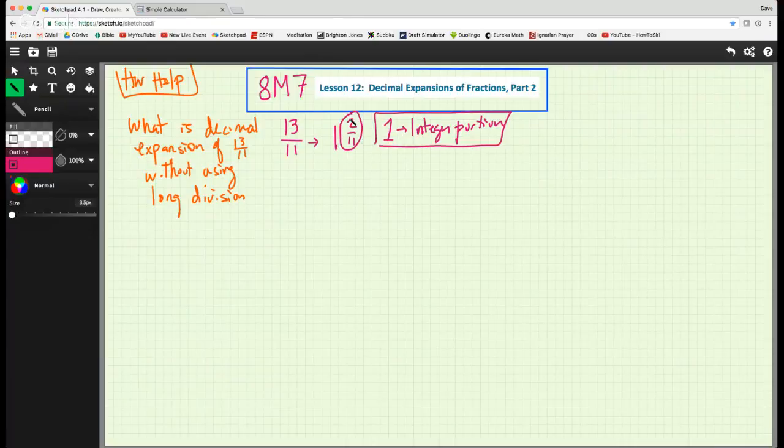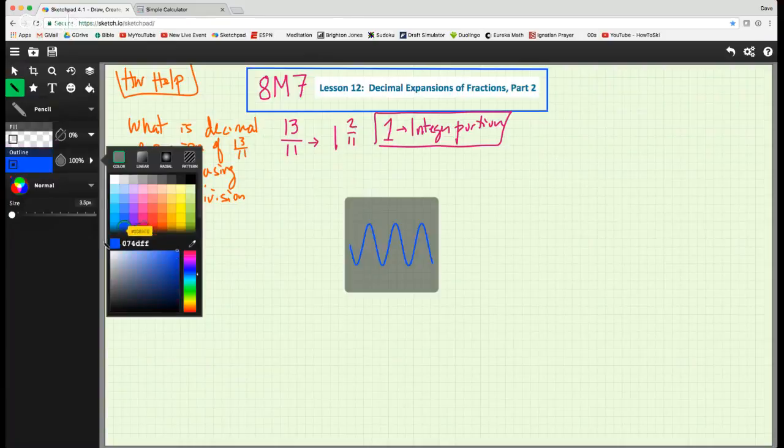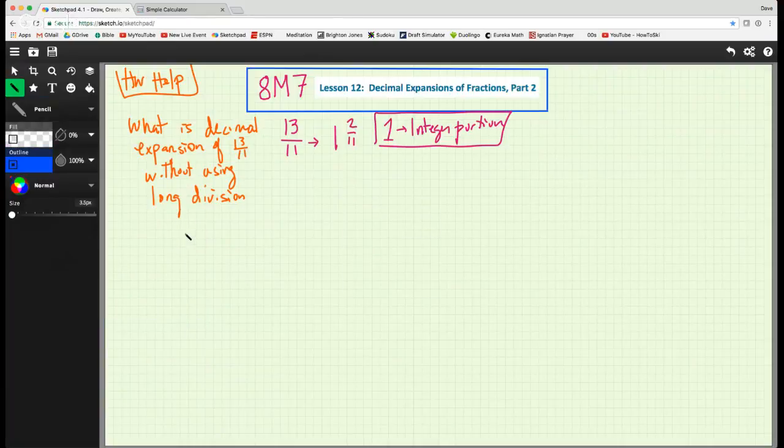Now we need to figure out this 2 elevenths as a decimal. So let's go ahead and use our strategy. And we'll say, well, 2 elevenths. And this one's an interesting one because it's going to repeat, but it's going to repeat after 2 times. m over 10 is less than 2 elevenths is less than m plus 1 over 10.